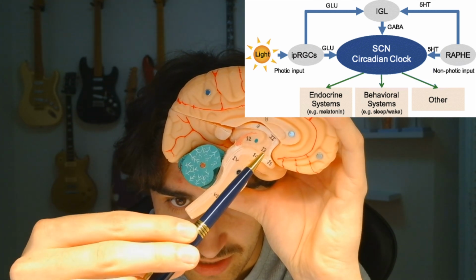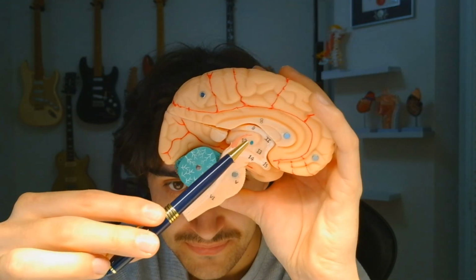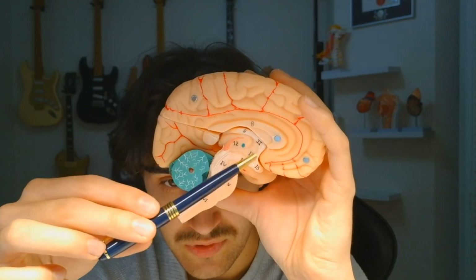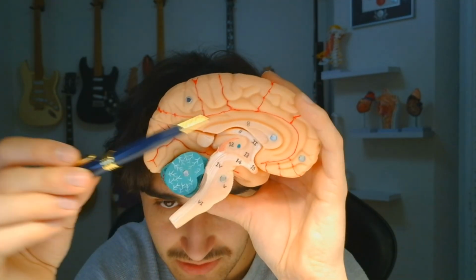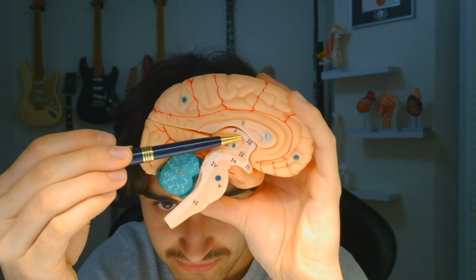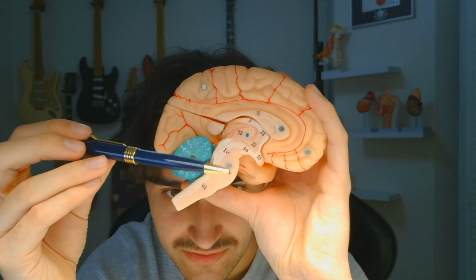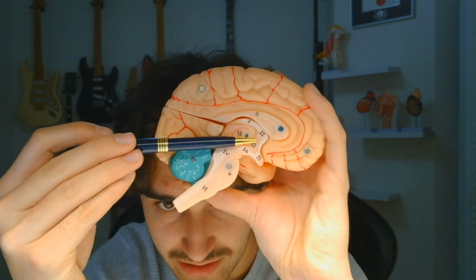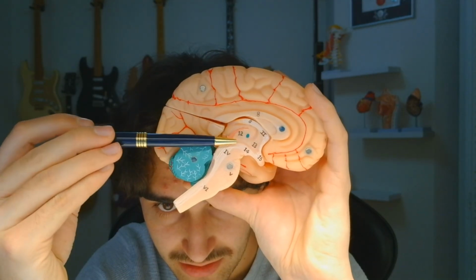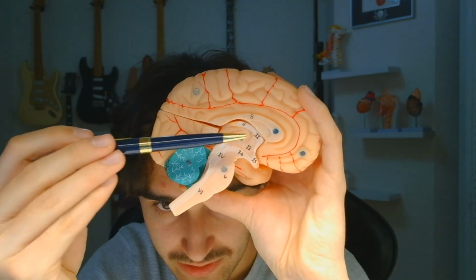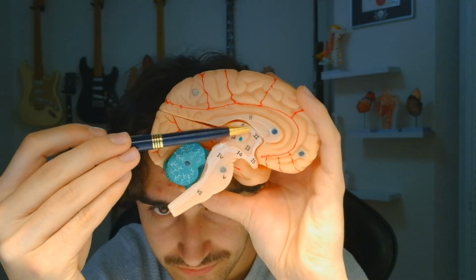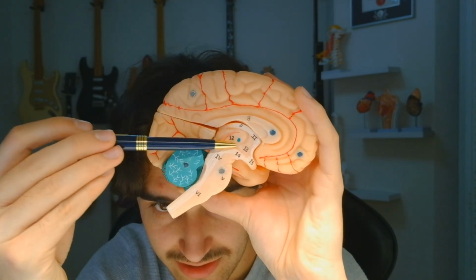Now, the suprachiasmatic nucleus is part of the hypothalamus. But what is the hypothalamus here? Well, we'll start by defining this region here. This region with this green dot in the middle is called the thalamus.